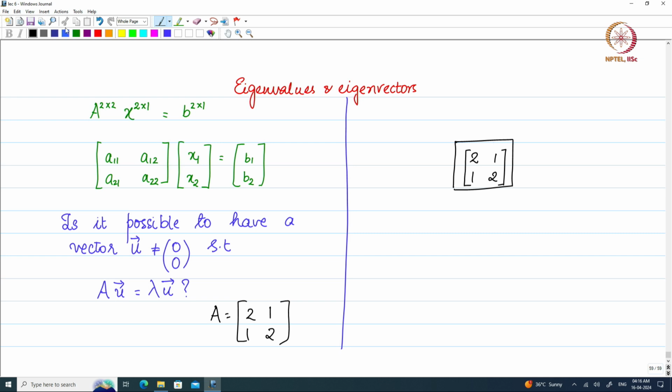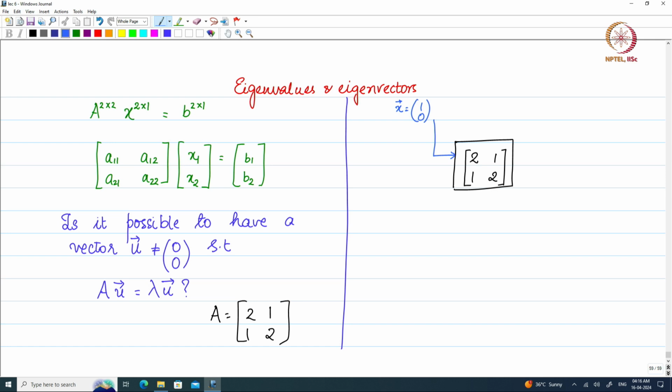Now, what I am going to do is take some examples of x vectors and see what B vectors I get upon action by this matrix A or this system A. The first example is the x vector equal to the 1 0 vector, because that is a vector along the x1 direction.